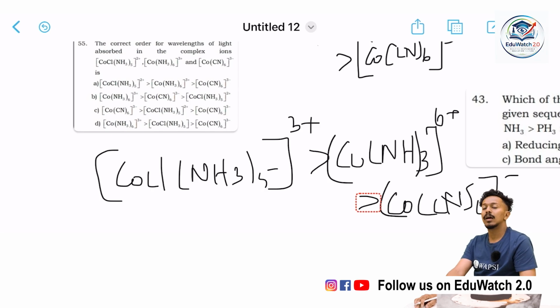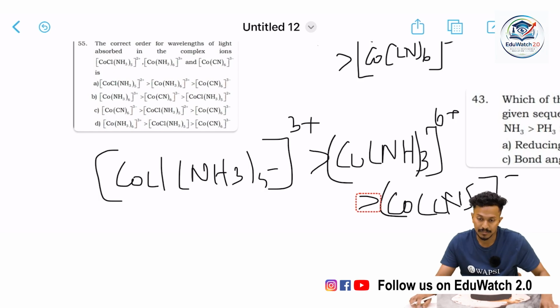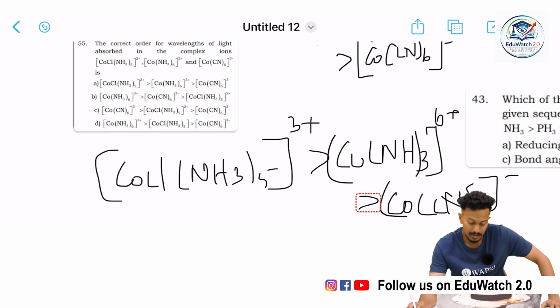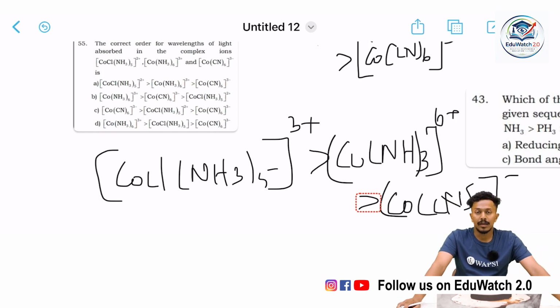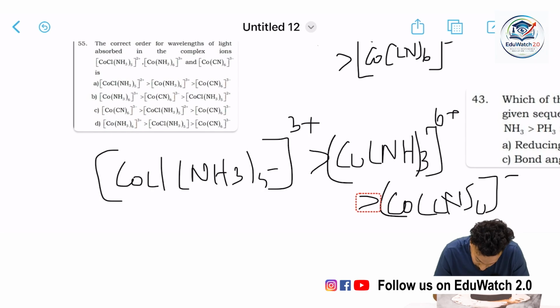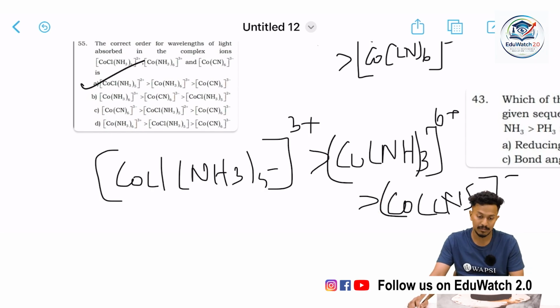These are the strengths of their ligands and the remaining absorption of wavelength. The chloro pentaammine cobalt has the highest absorption of wavelength. So the option would be option A. Okay, we will move on to our next question.